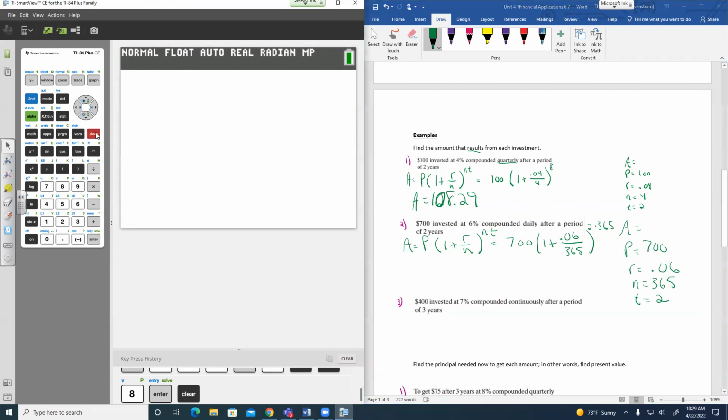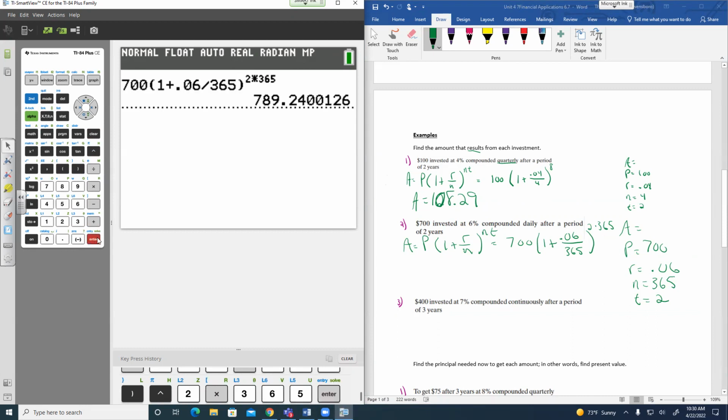So we'll clear that off. 700, and then we have 1 plus 0.06 divided by 365, and then it's raised to the 2 times 365. If we hit enter, that gives us $789.24.